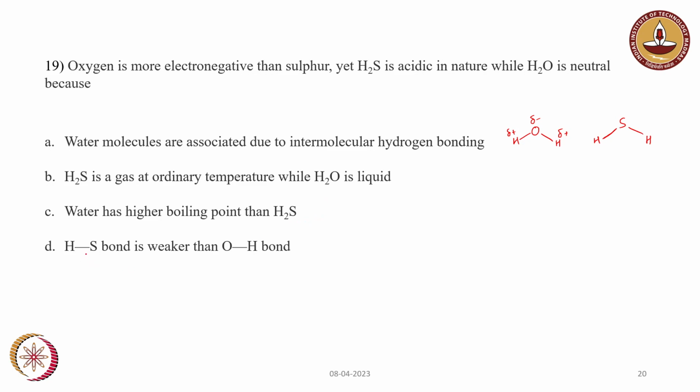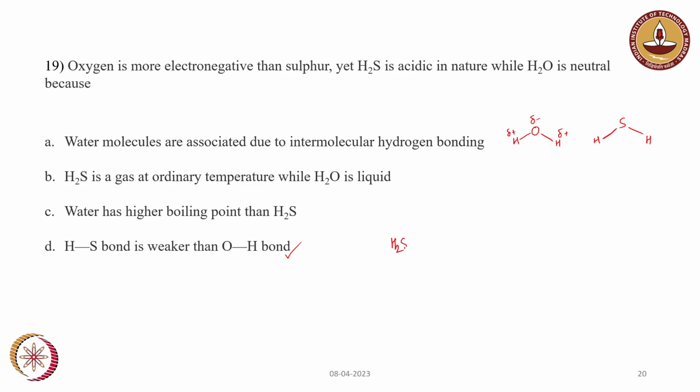And option D, HS bond is weaker than OH bond. So this statement is correct because the bond formation energy is very low in H2S compared to OH, so it has a weaker bond. So it's easier to break the HS bond to form H plus and SH minus.